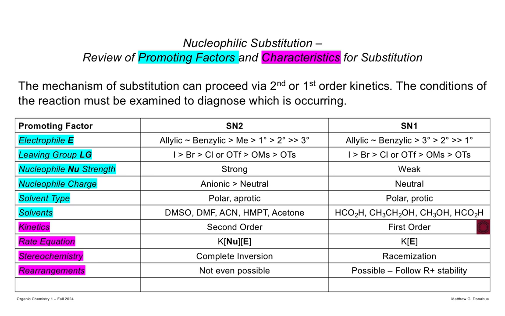Yes? Can you show how the previous slide, the C exists in... So really you're looking at ionic versus neutral. So in terms of ionic, say sodium cyanide versus hydrogen cyanide.